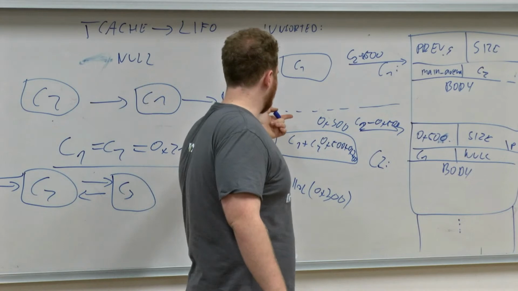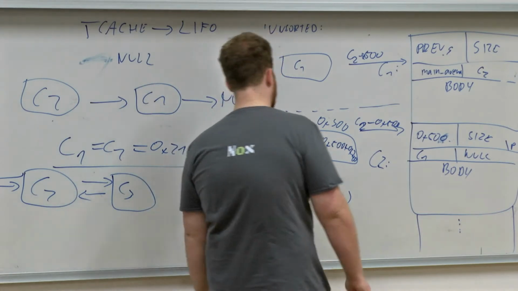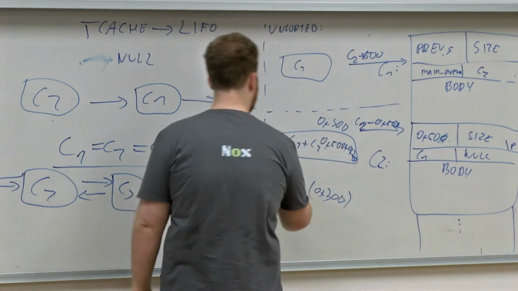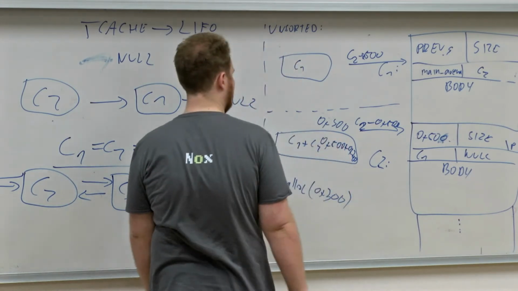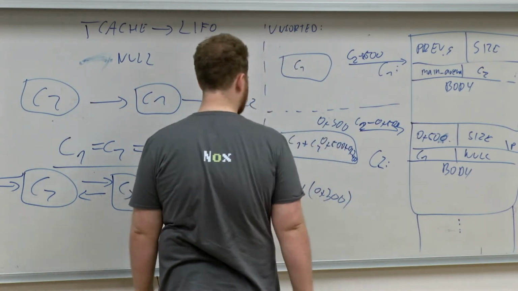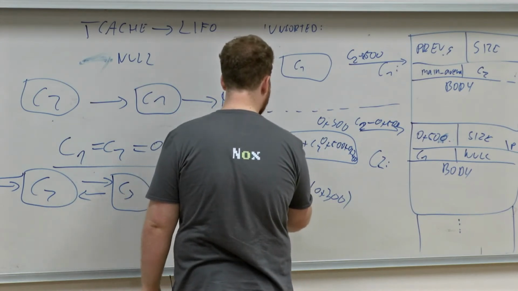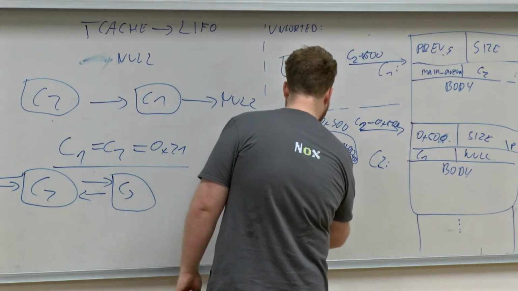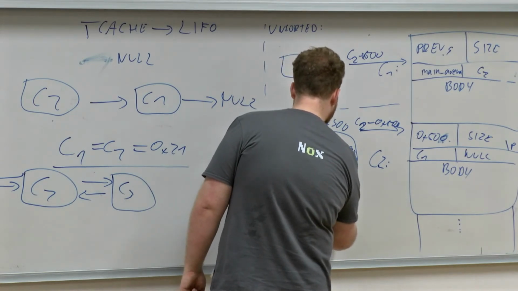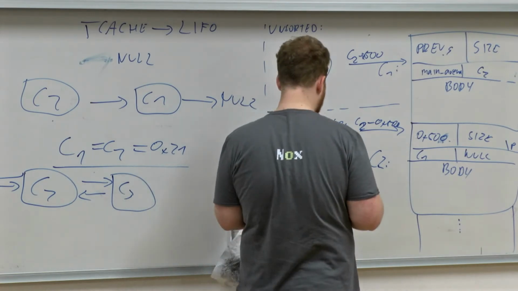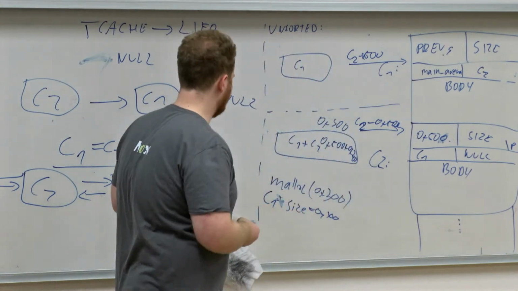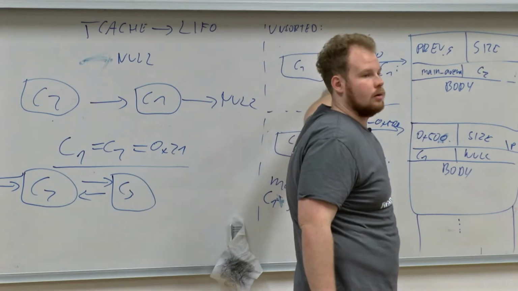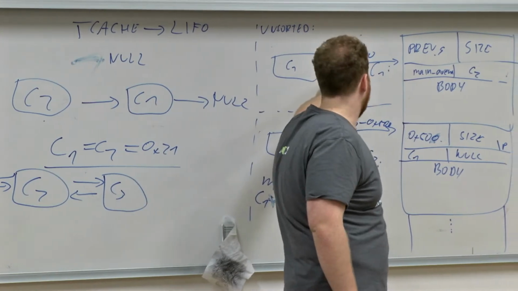So it will just say, all right, the new pointer is C1 and the size is 300. This is what malloc will return. It will return this same pointer to C1. Why?